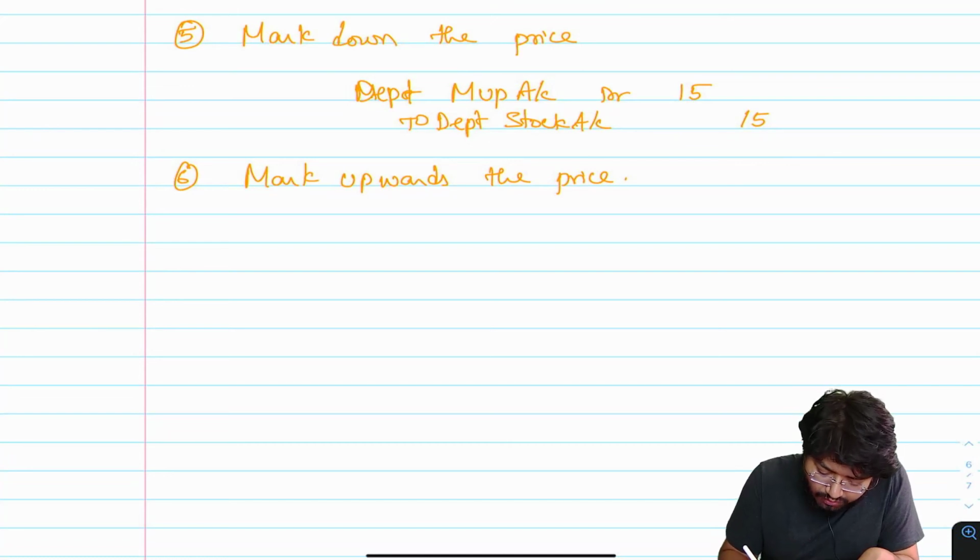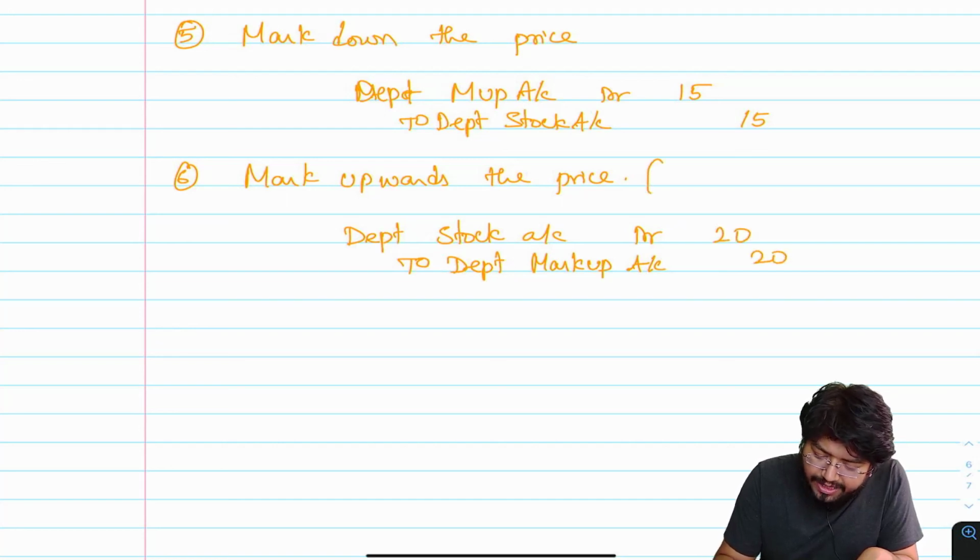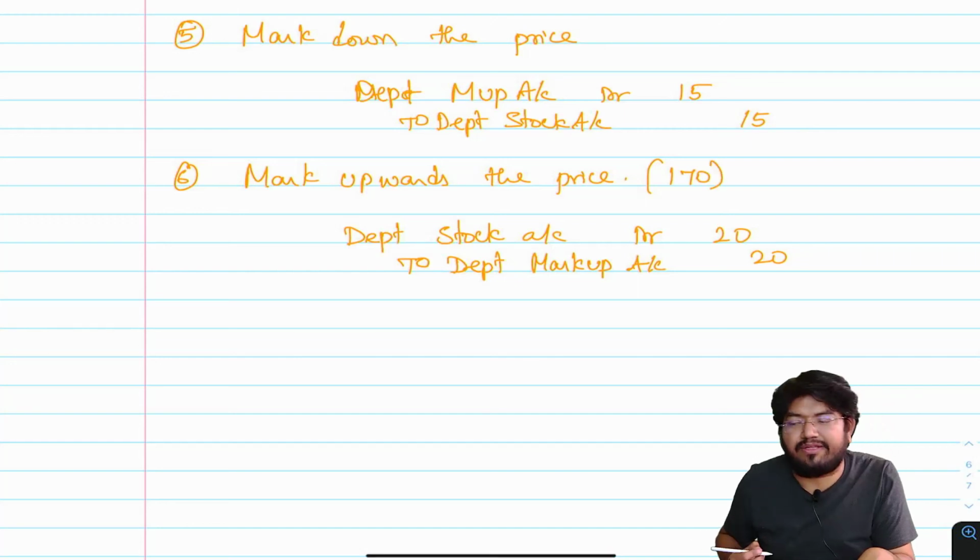So how do you do that? Department stock account debit to department markup account 20. By doing this, what happened? Your price will become 170 from 150.